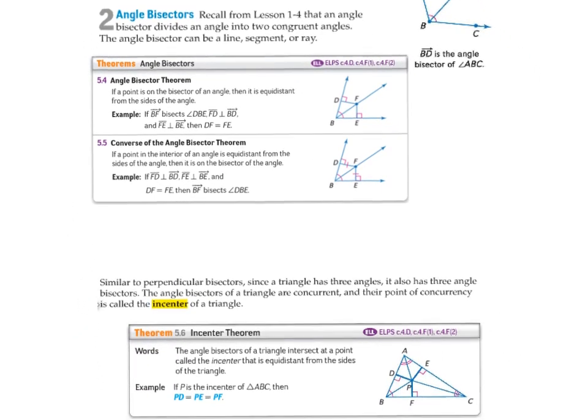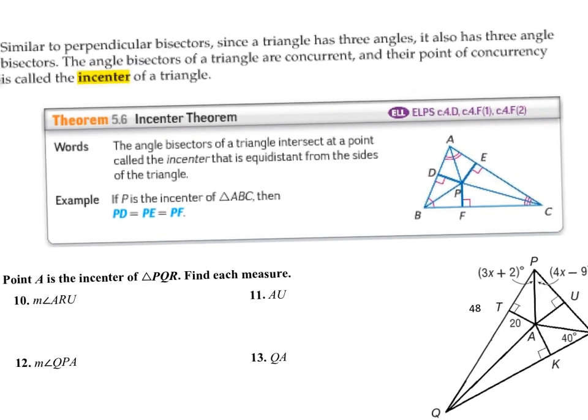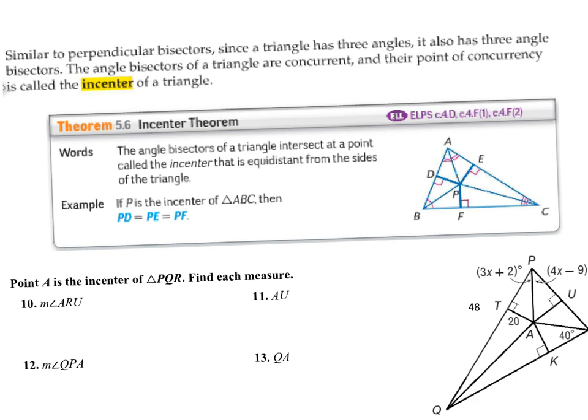But angle bisectors don't form circumcenters, they form incenters. The incenter is going to be the intersection of all of the angle bisectors at some point. And this point here, P, the incenter P, is going to be equidistant from the sides of the triangle.